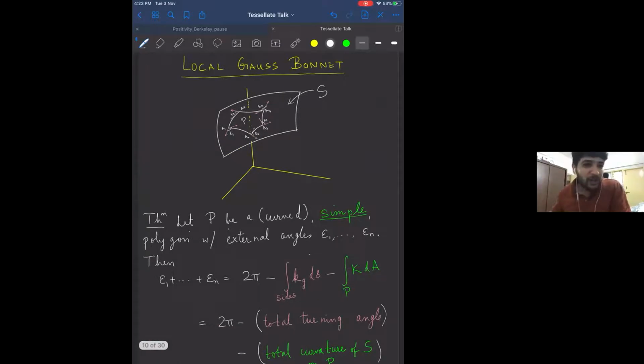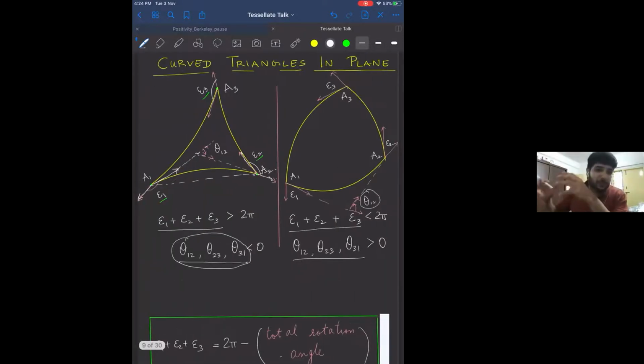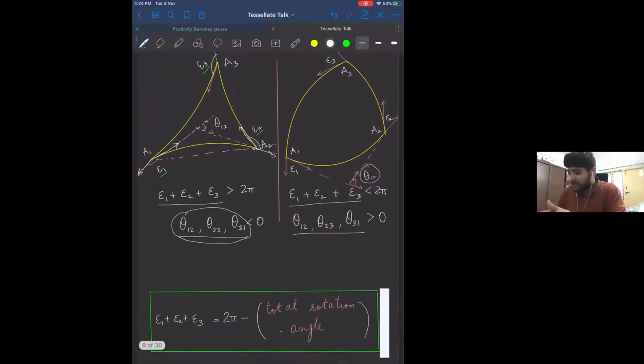Okay, so the Gauss-Bonnet theorem basically generalizes both these situations. So remember, the sum angle property that we learned in high school was for straight lines, whereas this property that I've just now told you also works for curved triangles. And of course, if you have a straight triangle, then this total rotation angle would be 0, and you'd recover the property that you learn in high school.